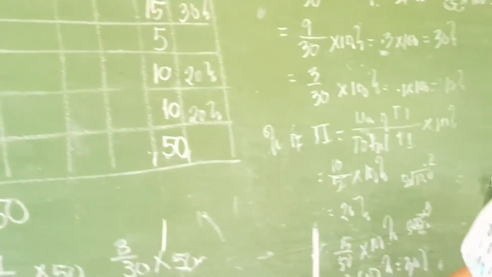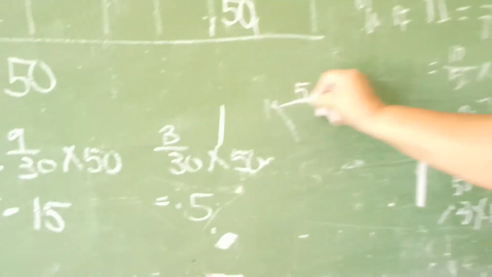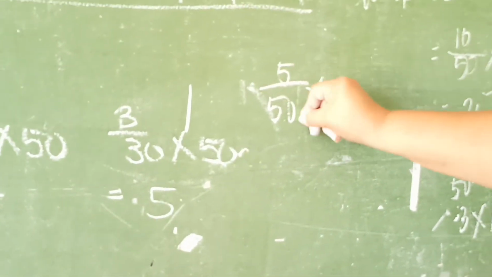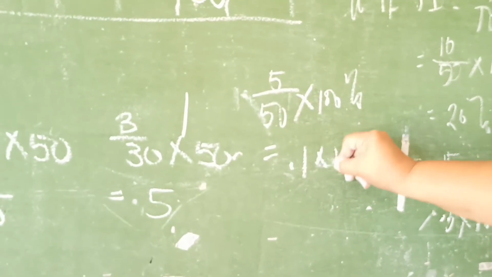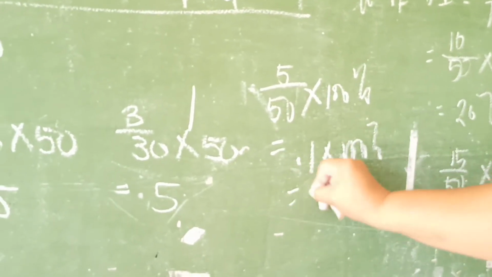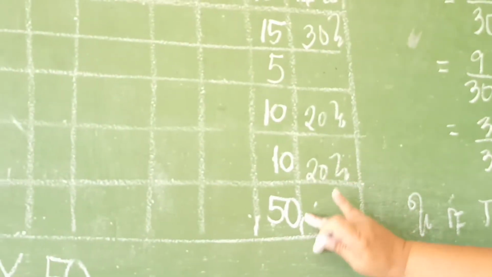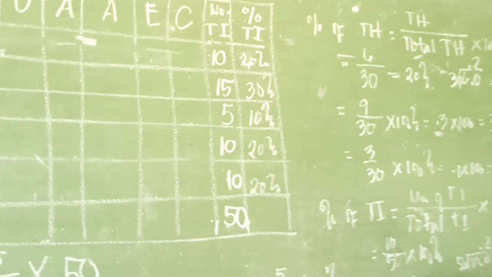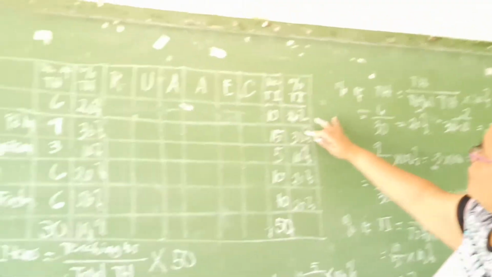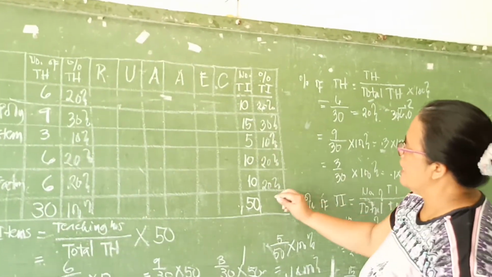And then if 5, you have there 5 divided by 50 times 100%, this will be 0.1 times 100%, which is equal to 10%. Then you check if it equals 100%. So 20, 50, 60, 80, 100%.